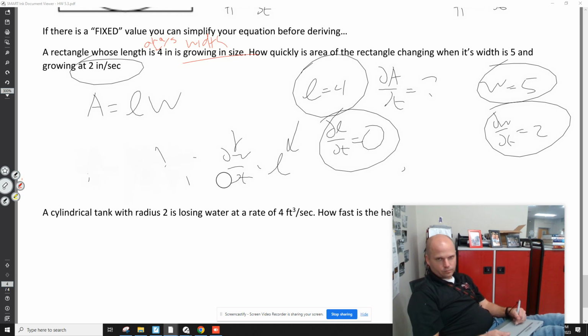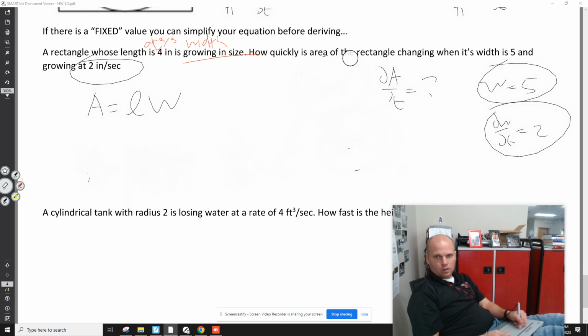Or you know L is always 4. The area of any rectangle is L times W. The area of this specific rectangle is always 4W.